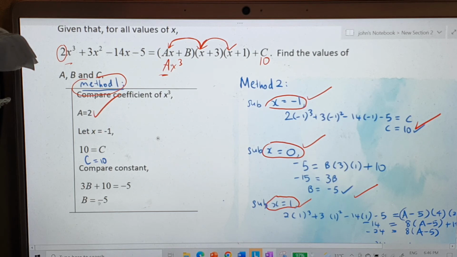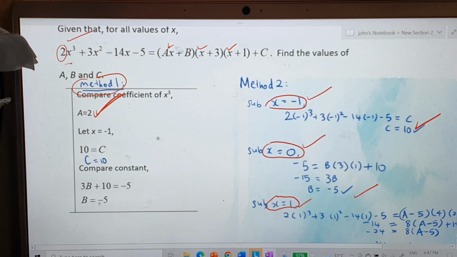But take note, you have to check if there are other things here. You got to check whether they also give you the x cubed term. I mentioned just now, x times x times x will give me x cubed. That's why I can get this answer so fast.